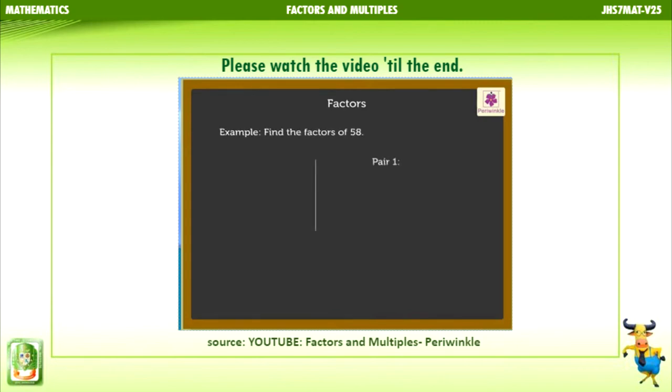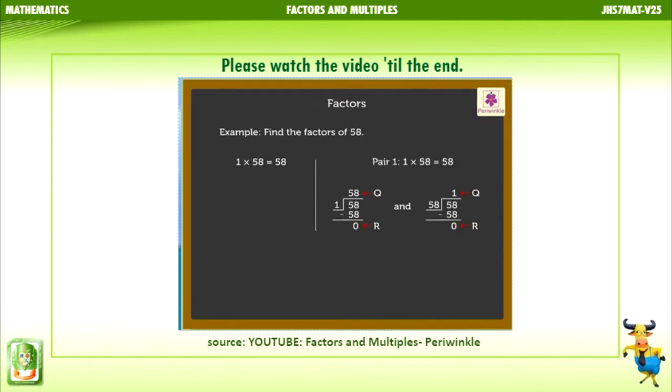The first pair is 1 into 58 is equal to 58. Here, when we divide 58 by 1, we get the quotient as 58. And when we divide 58 by 58, we get the quotient as 1. In both cases, the remainder is 0.